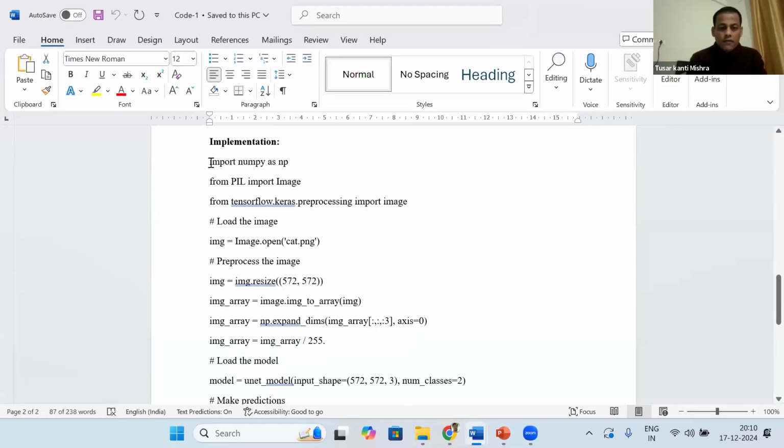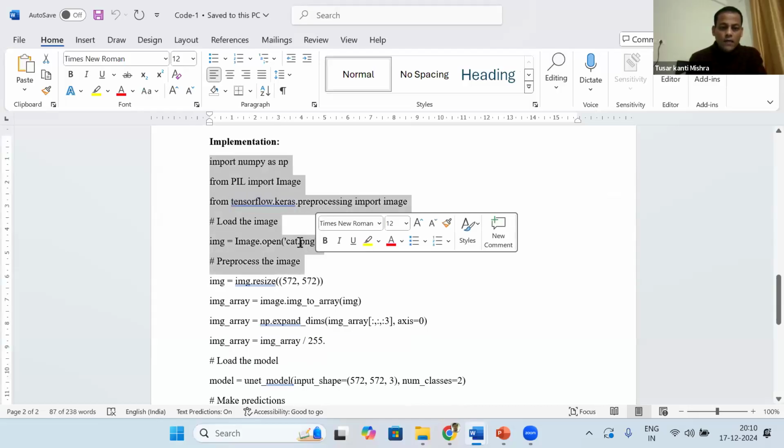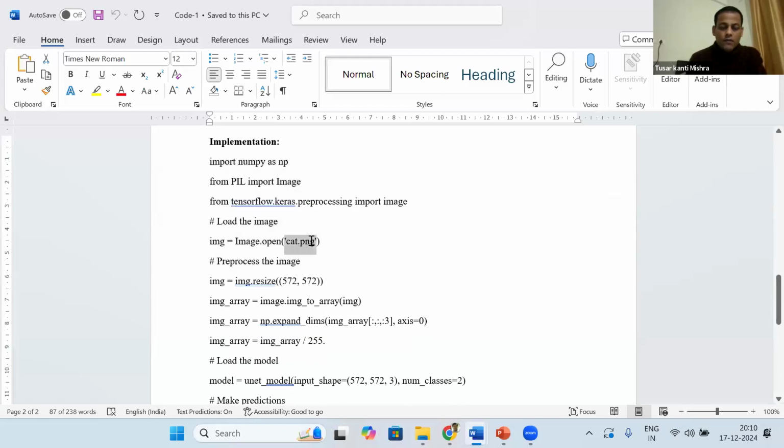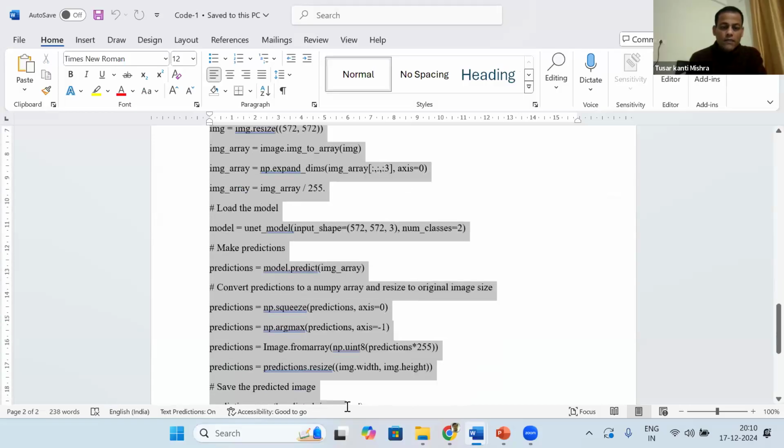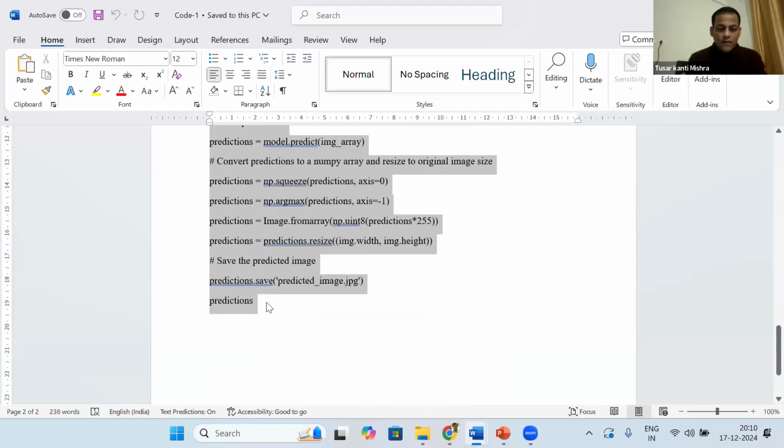Now let us implement this. The specific library we are importing, the packages NumPy. Here one cat image, suppose we are going to test one cat image. This is just a basic approach using Keras.